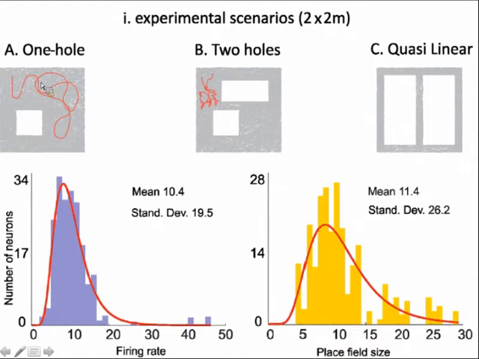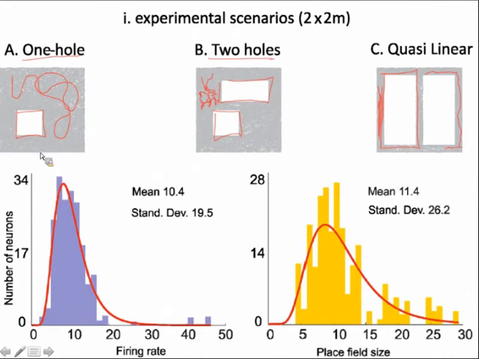In this case, they only compared a one hole environment where the hole is off-centered, two holes of different sizes, and then also two holes where it was a very narrow space where the mouse could travel. So it's kind of a quasi-linear place, because if the mouse is here, there's really only two directions it can go in, kind of a line.